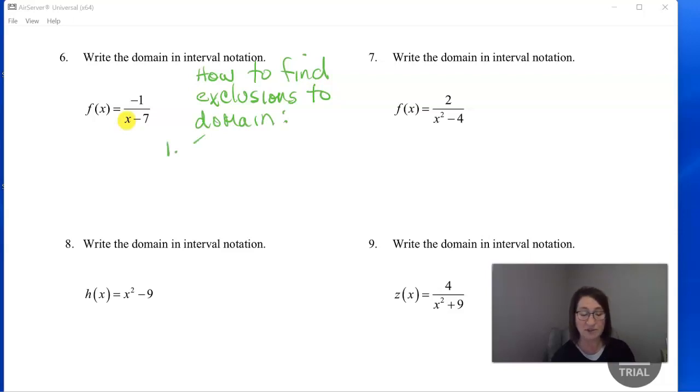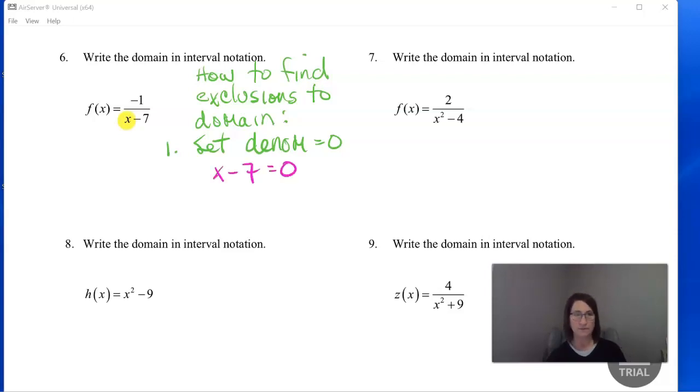So I'm going to set the denominator equal to 0. So in this case, it's going to be x minus 7 equals 0. I just solved that. I add 7 to both sides, and I get x equals 7. That is an exclusion.